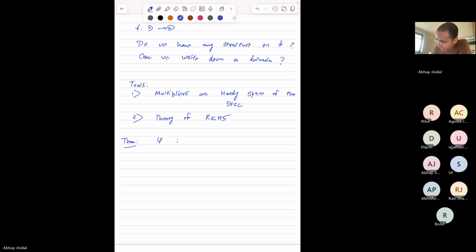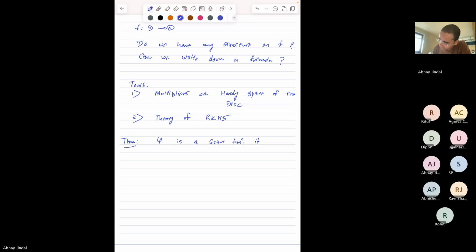Phi is a Schur function. Any function from D to D is a Schur function.